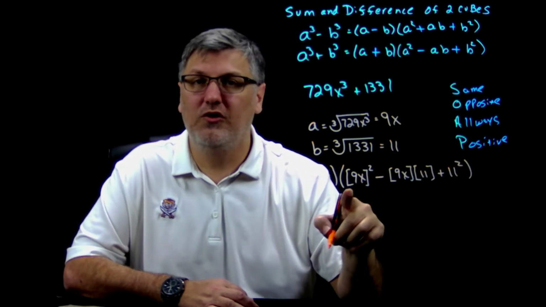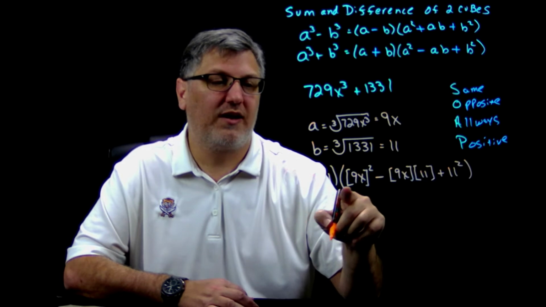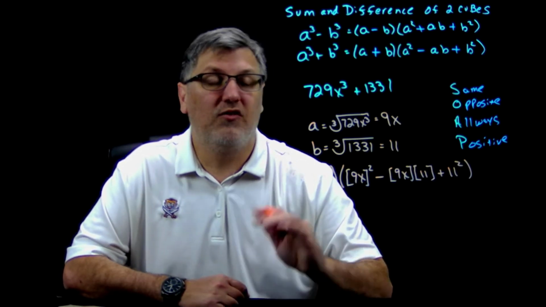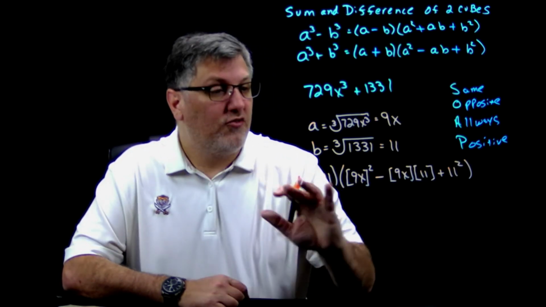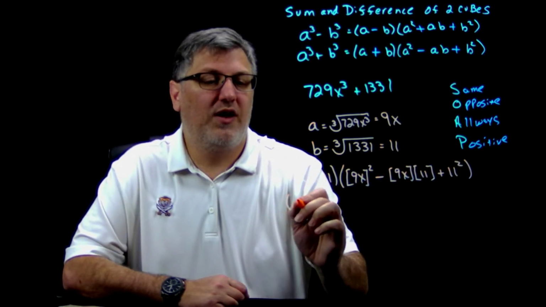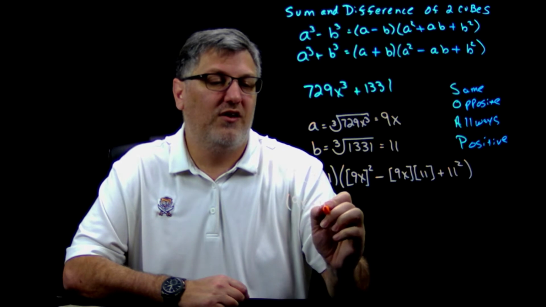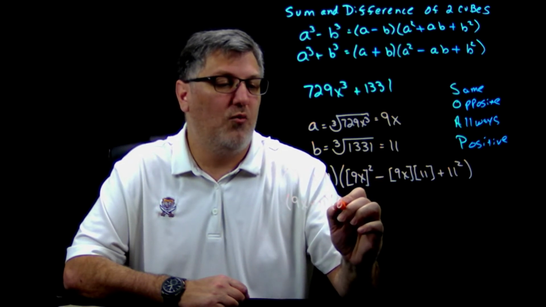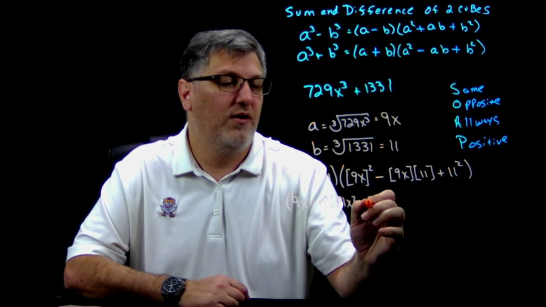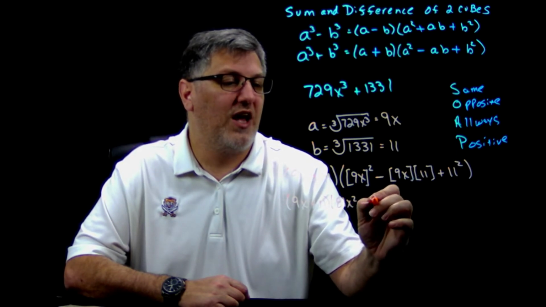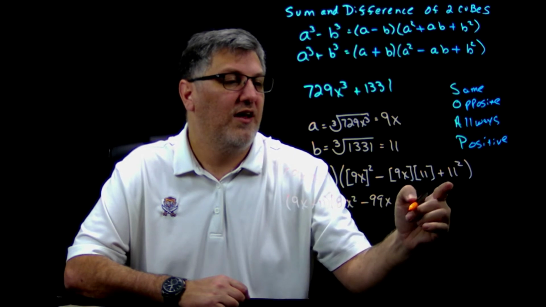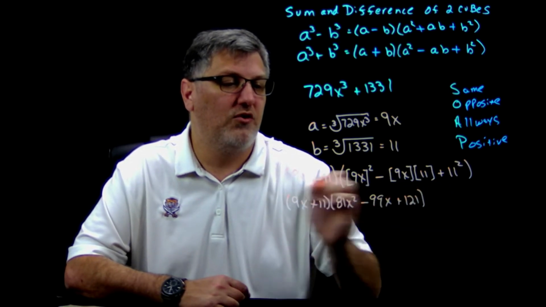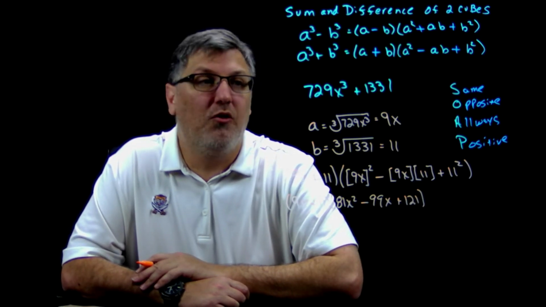And there's no difference between these square brackets and these curved brackets. I just don't like having two curved brackets next to it, but they work the same in math, at least at this level. All right, so now let's clean this up. So we've got 9x plus 11. This square goes to both of these, so 9 squared is 81x squared minus, well, 9 times 11 is 99x plus, and 11 squared, if you don't know it, it is 121, but you can put it in the calculator, and you are fully factored.